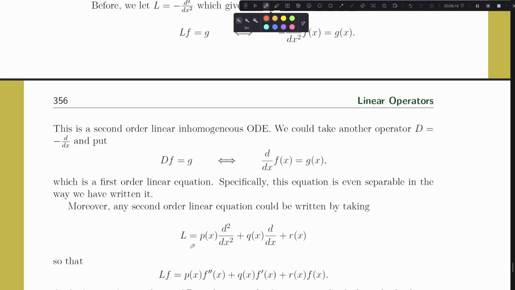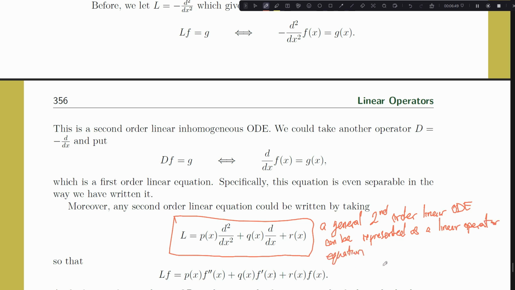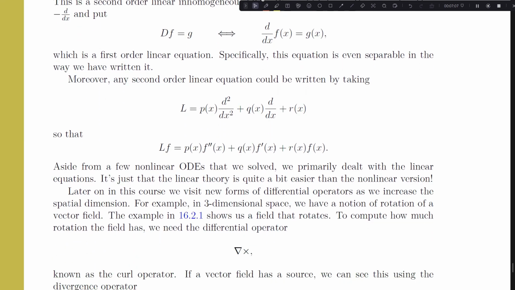And then jumping to the bottom, this is not the most general, but this is a general second order linear ODE represented as a linear operator equation, in the sense of L f now being written as P of x times two derivatives on f, Q of x times one derivative on f, R of x times zero derivatives on f, and then the equation L f equals g is really a second order linear ODE, right?